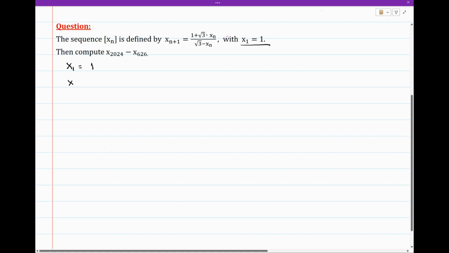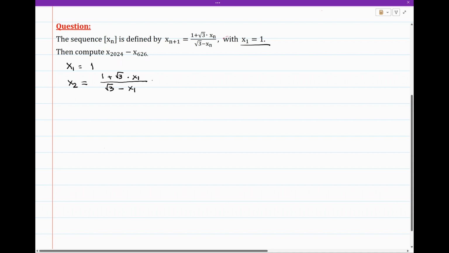x2 can be determined when we know x1, and from the given formula, x2 is equal to (1 plus square root of 3 multiplied by x1) whole divided by (square root of 3 minus x1).